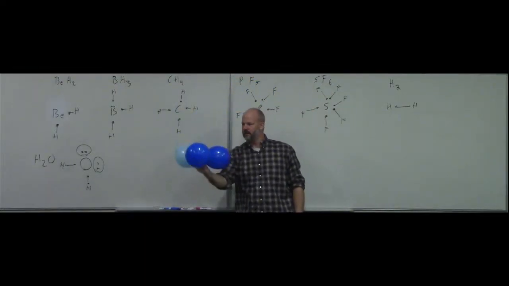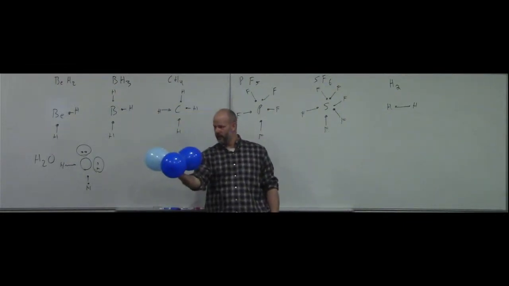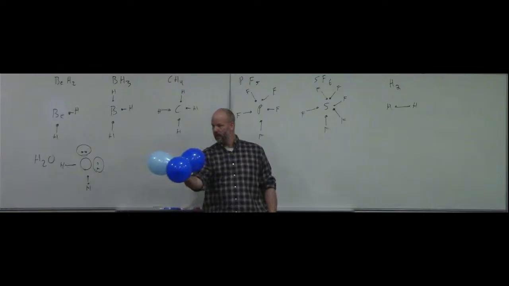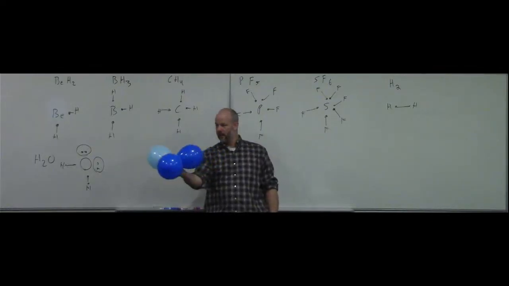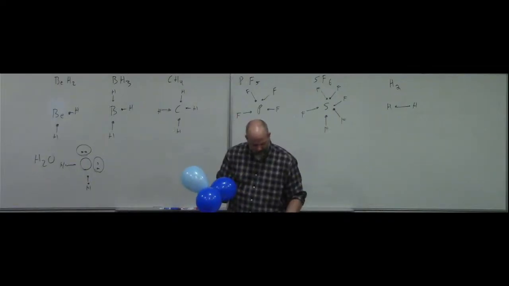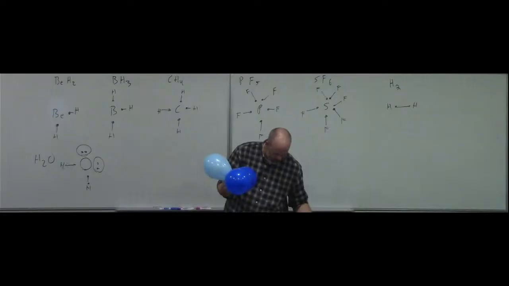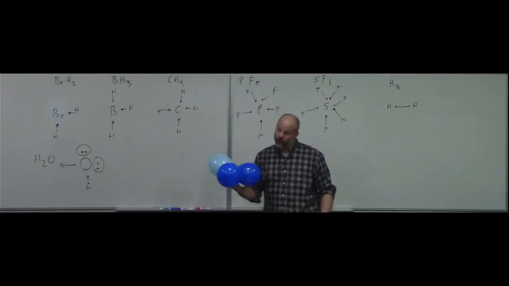Triangle. Well, kind of. If I pulled it this way, it is, right? What if I hold it this way? Yeah. So this shape is just what we call planar or trigonal planar.